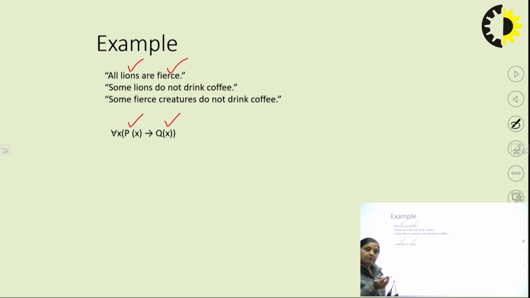So what is my condition? If x is a lion, then x is fierce, and it holds for all. So which quantifier will be used? For all x, if x is a lion, then x is fierce. So Px implies Qx.